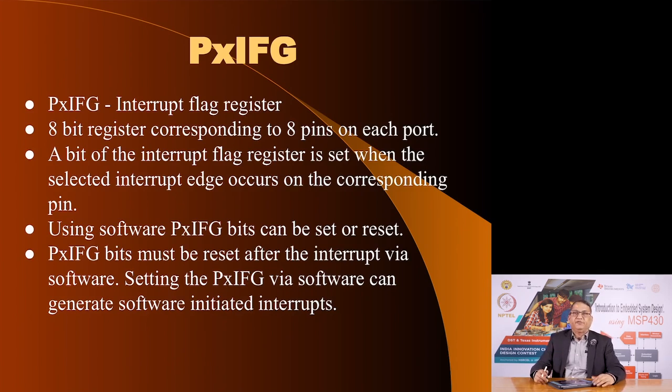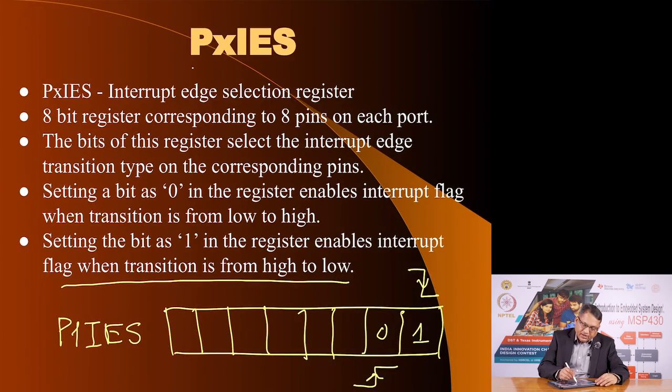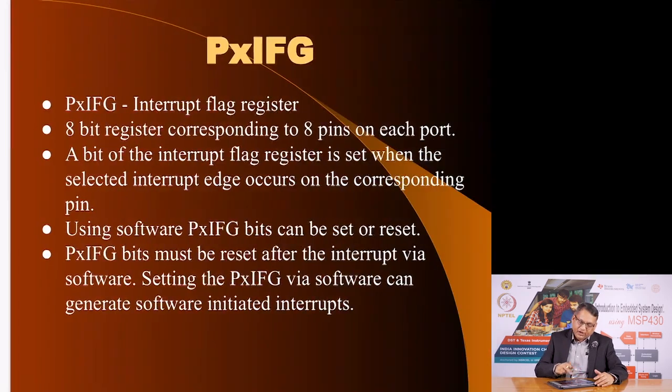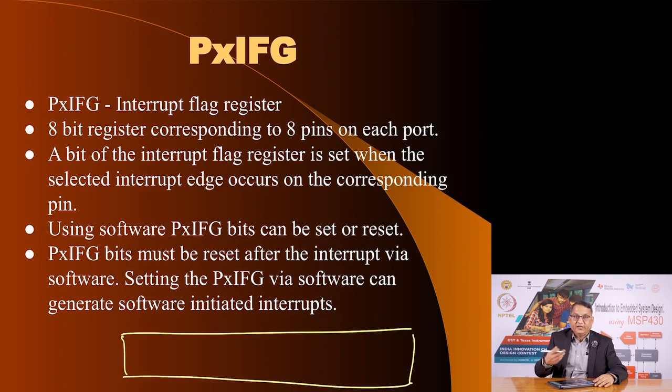This flag register will become 1 when you have enabled the register and an external signal which is qualified by the edge selection register has been received. Then and only then a particular bit in this register will be set to 1, and if that bit is set to 1, subject to other conditions being met, it will lead to an interrupt.